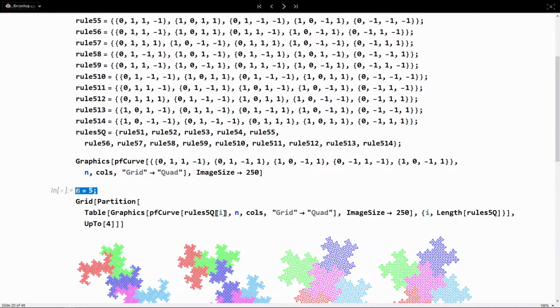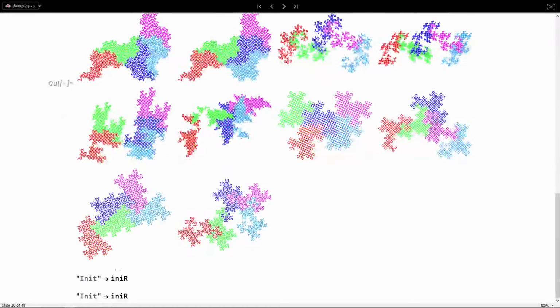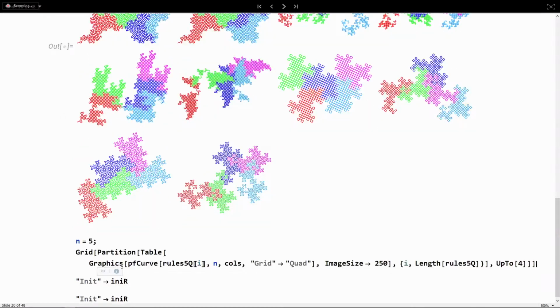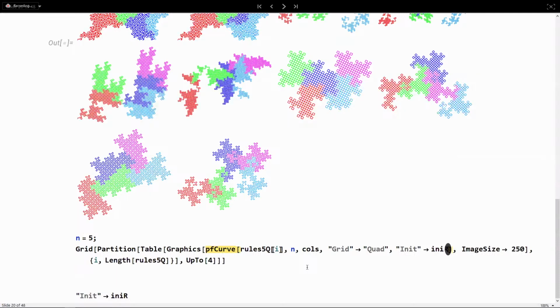I'm going to take this same thing here. As the initial conditions change, the shapes change. And I'm not sure what this will do, but we can try it out. So I've changed the initial condition here.